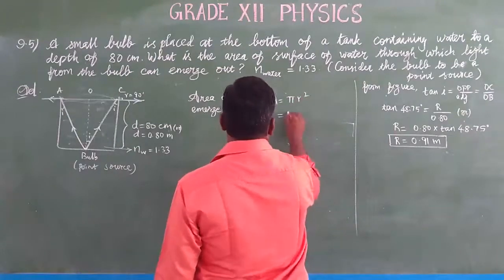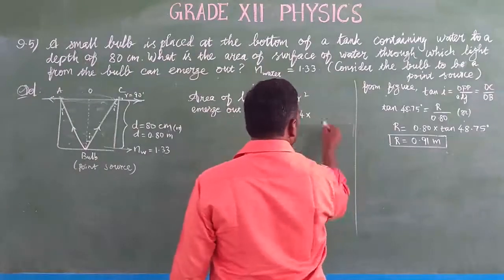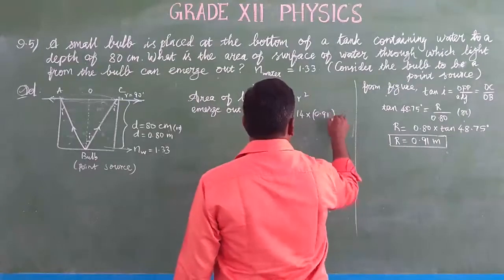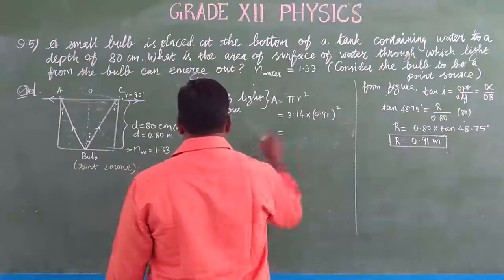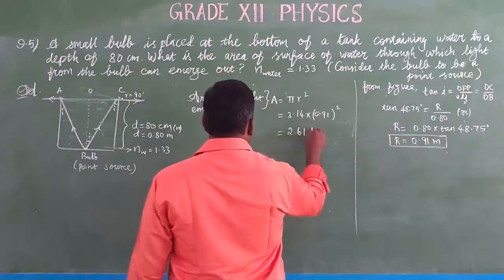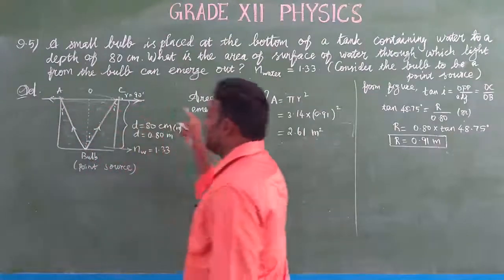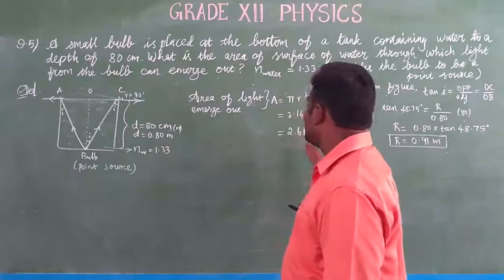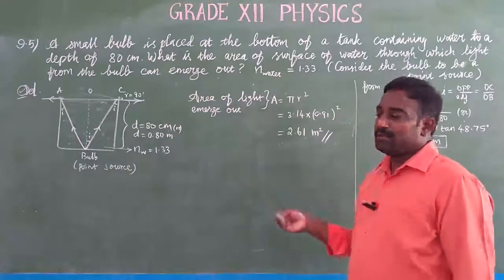We know the value of pi, it is 3.14, into the radius we found. What is the radius? 0.91 meter, the whole square. After multiplying everything, finally the value is 2.61 meter square. Therefore, the circular area of the water surface through which the light emerged out is 2.61 meter square. We found it. It's a very simple problem.